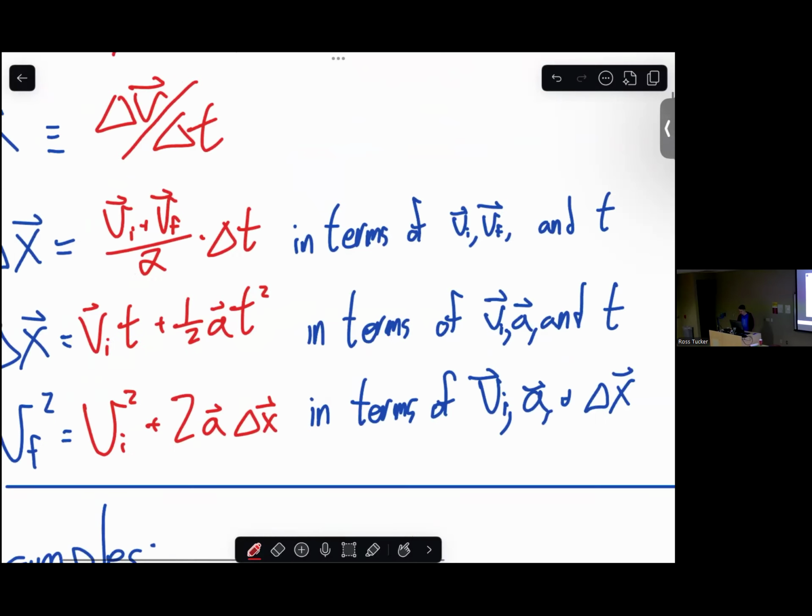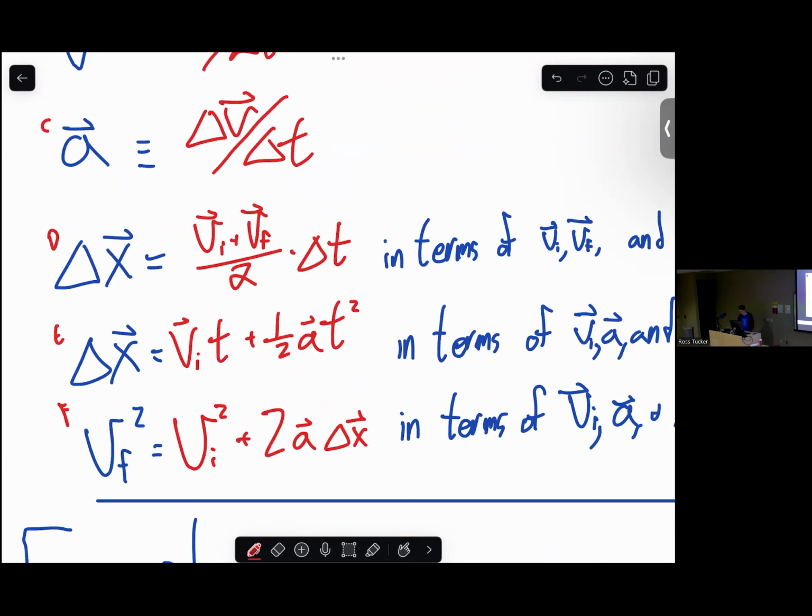If you know these equations, we're applying C, E, F. And everything gets easier.